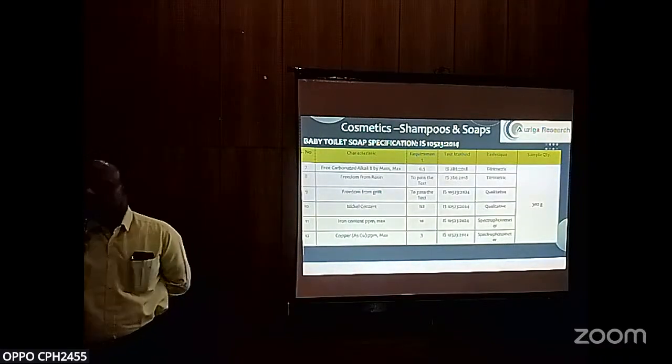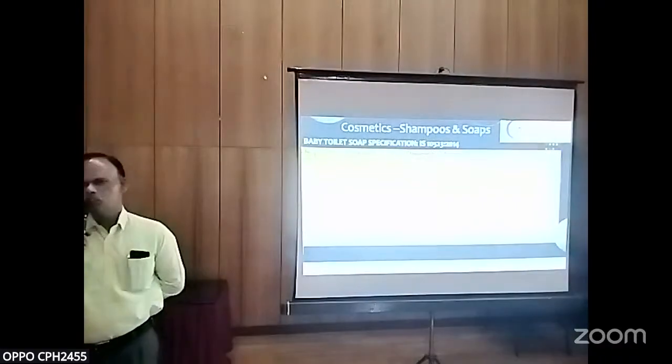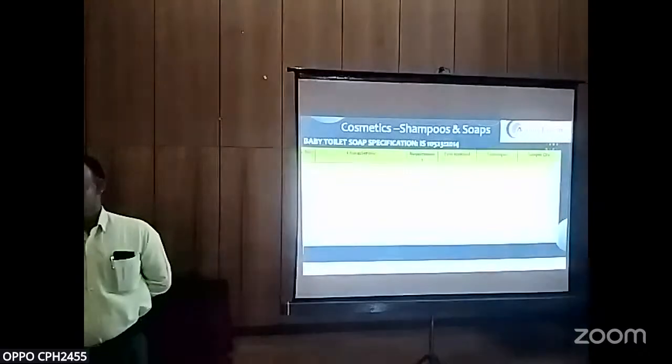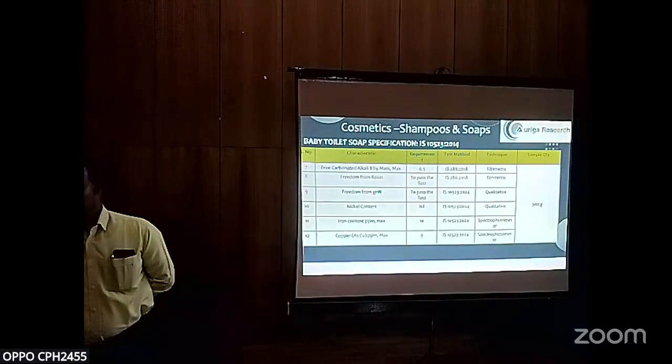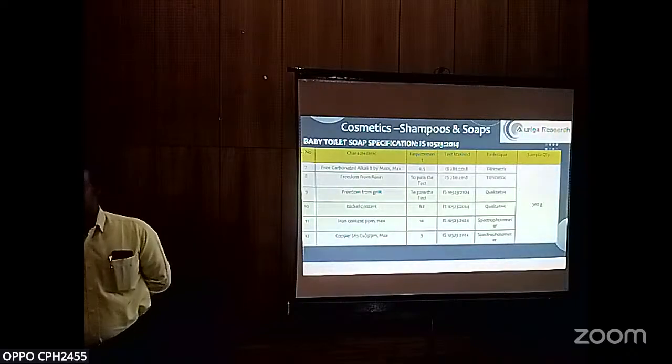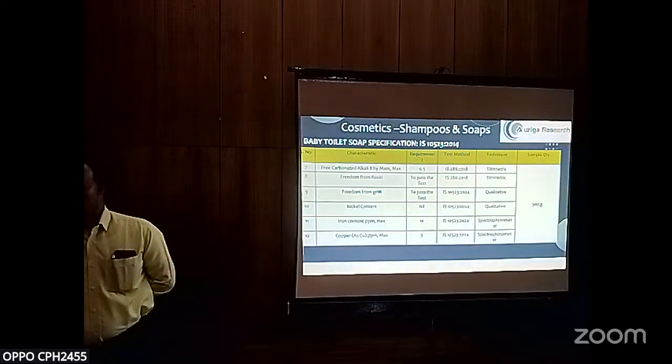This should be nil. It is harmful to the human body. The iron content in ppm level is done by spectrophotometer. This should be a maximum 10 ppm. One more parameter, copper. This is also a spectrophotometer method. The maximum limit is 3.